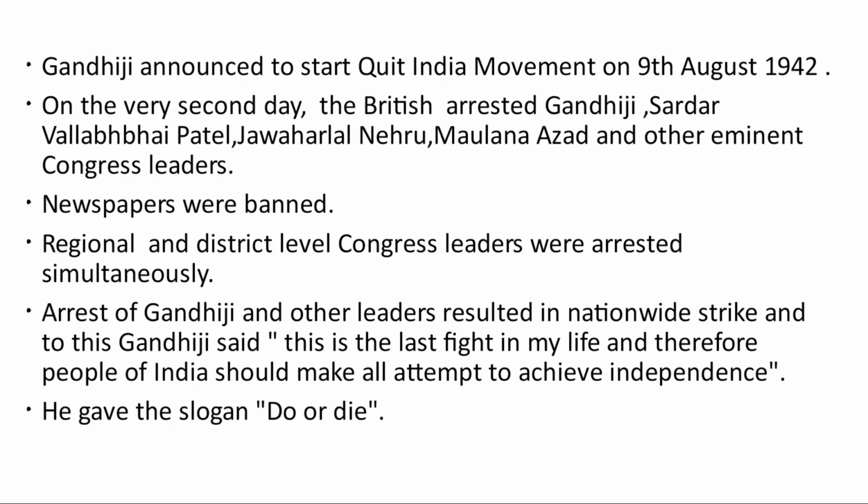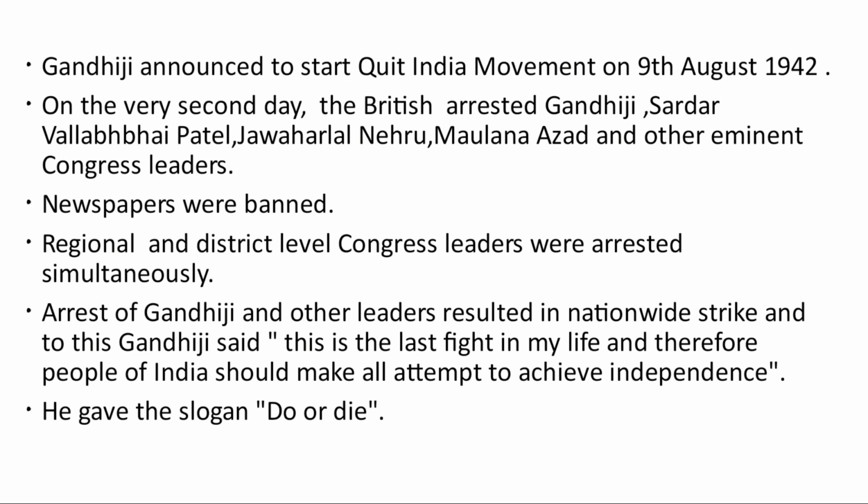Gandhiji announced to start Quit India movement on 9th August 1942 at the Congress Working Committee held at Mumbai. On the second day, that is the very second day, उसका अगले दिन British arrested Gandhiji, Sardar Vallabhbhai Patel, Jawaharlal Nehru, Maulana Abdul Kalam Azad, and other famous leaders of Congress.